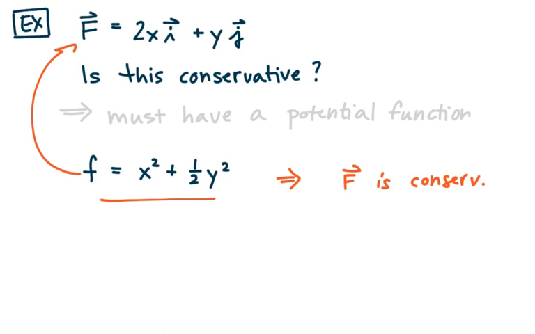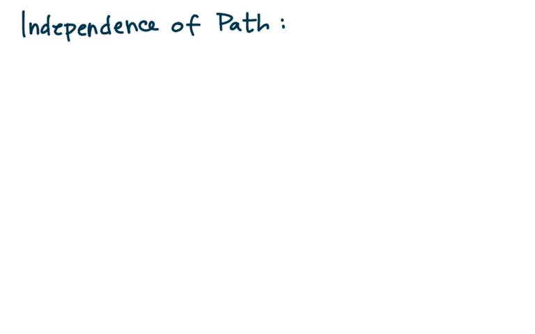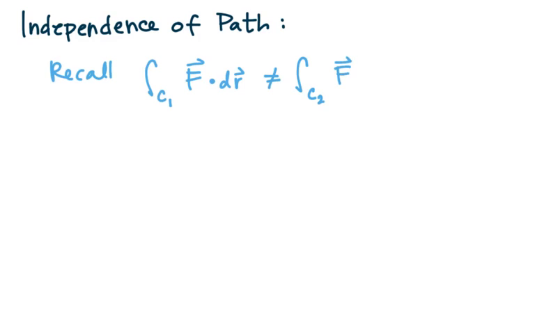I know I've jumped around a little bit here, but let's go back and talk a tiny bit about independence of path before we get to our next video, where we'll really define this fundamental theorem of line integrals. As we talk a little bit more about independence of path, what we want to recall is that when we calculated a line integral along some path C1 of F dot dr, that was not equal to a different line integral over path C2 of F dot dr, even if they had the same starting and ending points.